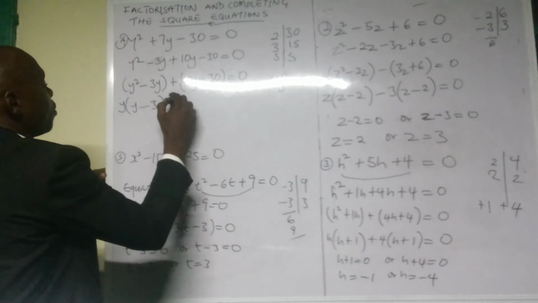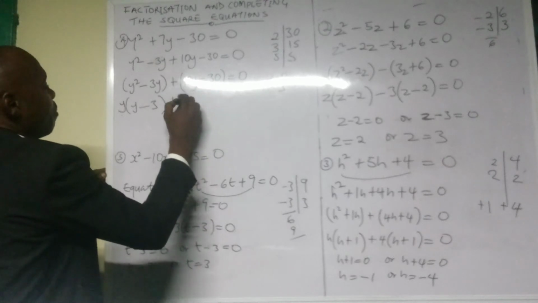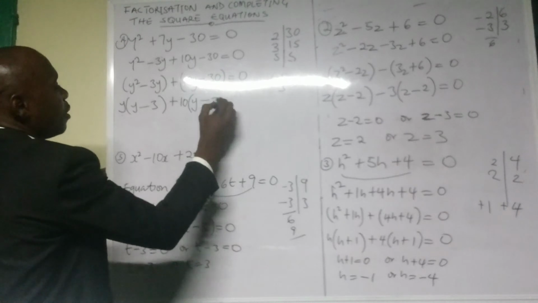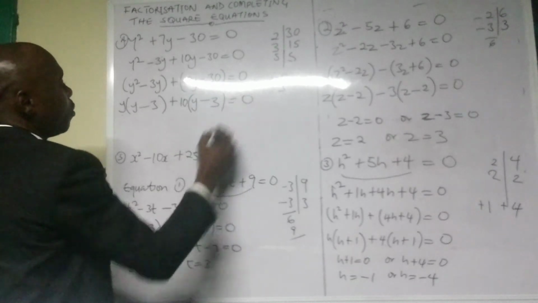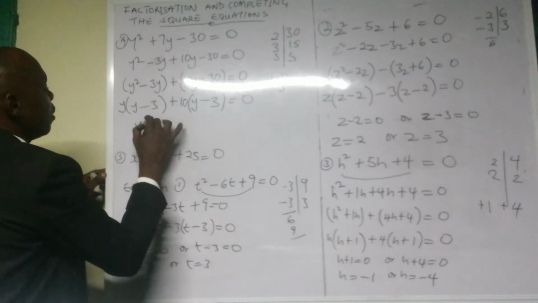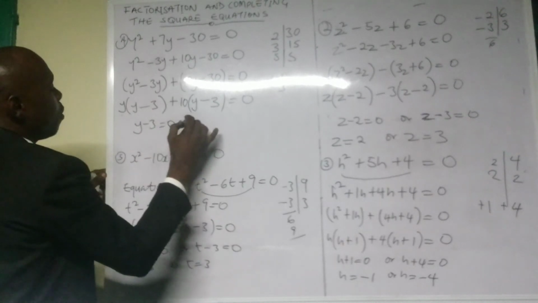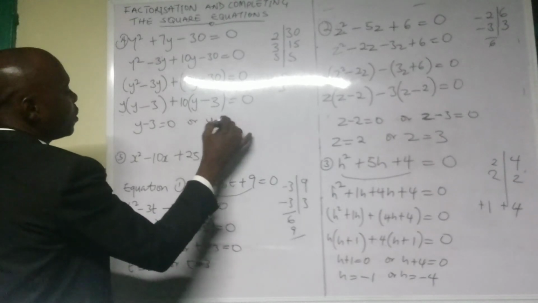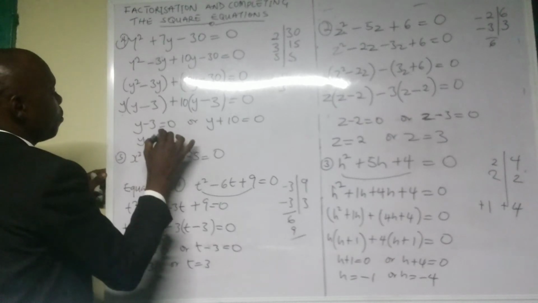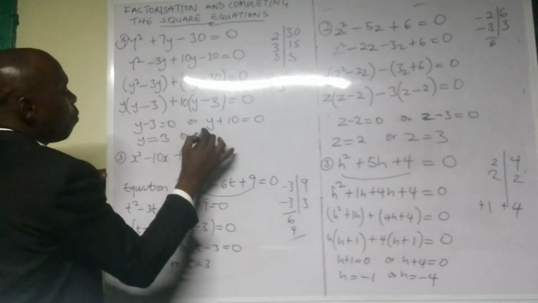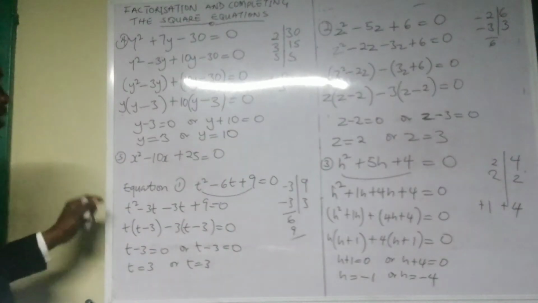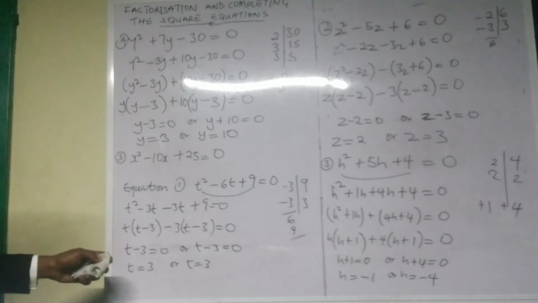Then the plus. 10 can be outside. 10 in 10, 1, remaining y. 10 in 30, 3. So equals 0. So from here we bring out the one inside: y minus 3 equals 0, or y plus 10 equals 0. So the answer here is y equals 3, or y equals minus 10. That's the answer for question 4.